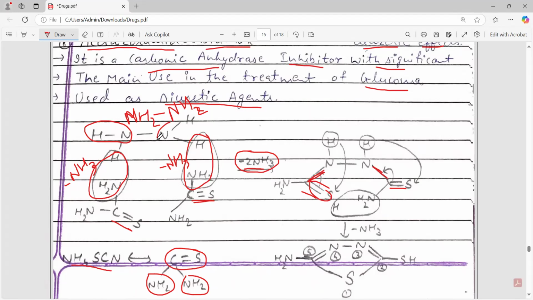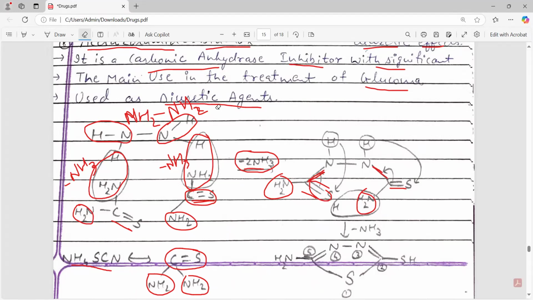Because ammonia is eliminated, the NH2 groups remain as they are. We will see further what follows.